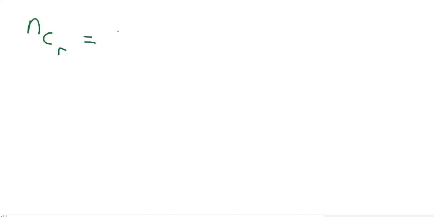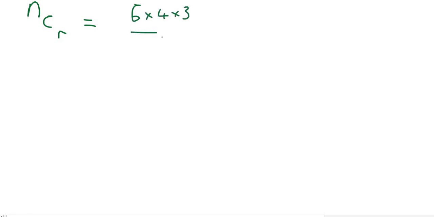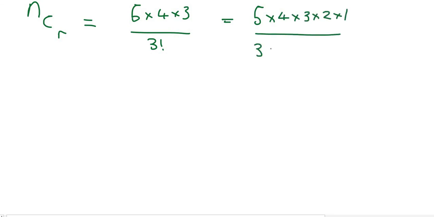Okay, finally, if you remember when we had the example where the order of the teams didn't matter, the only thing we did differently was divide by 3 factorial. So we had 5 times 4 times 3 as before, but we divided by 3 factorial. Let's have a look at this as a formula. We could write it as 5 times 4 times 3 times 2 times 1 over 3 times 2 times 1, but we need a 2 times 1 on the bottom as well to cancel off with these.